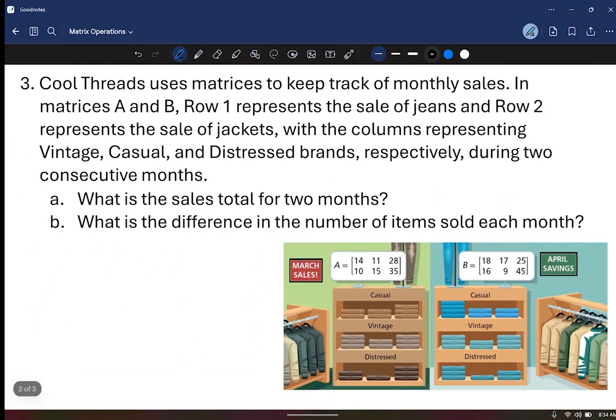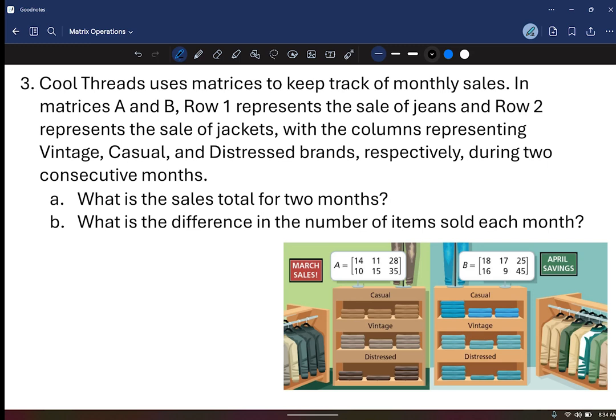All right, so Cool Threads, same thing, is using a matrix to keep track of monthly sales. In matrices A and B, row 1 represents the sale of jeans, and row 2 represents the sale of jackets, with the columns representing vintage, casual, distressed brands, respectively, during 2 consecutive months.